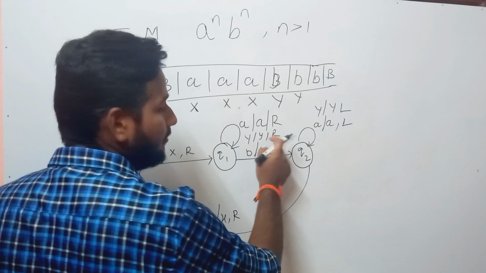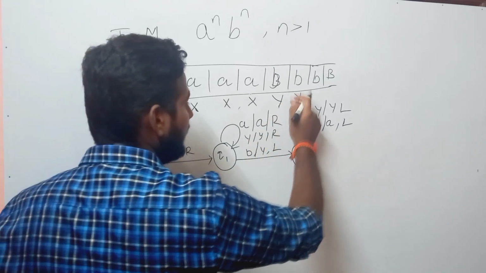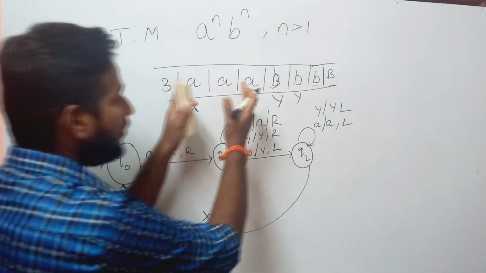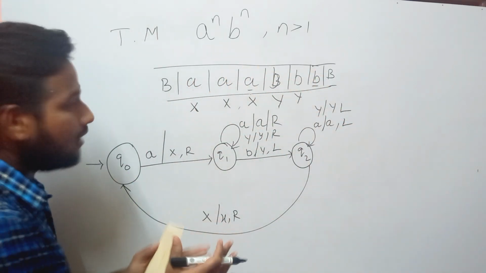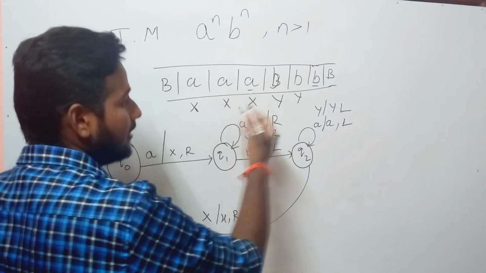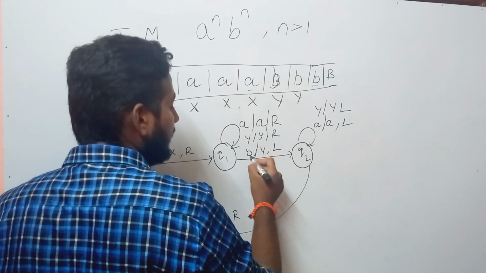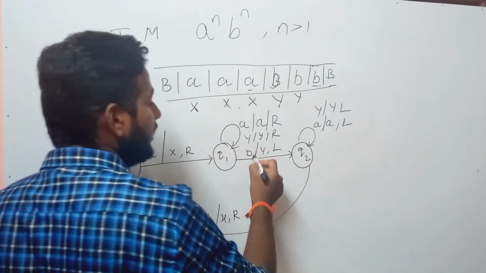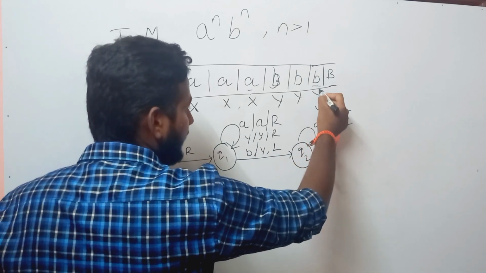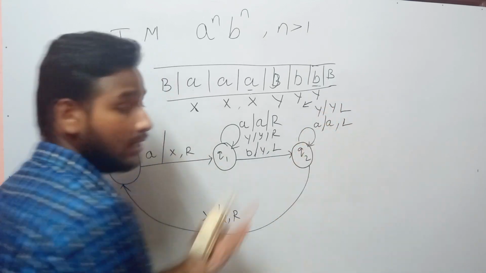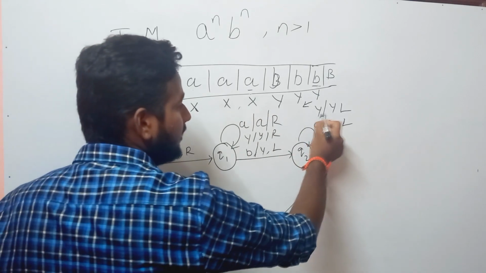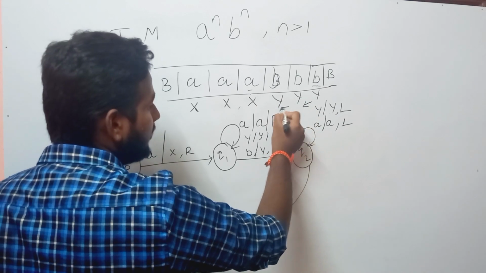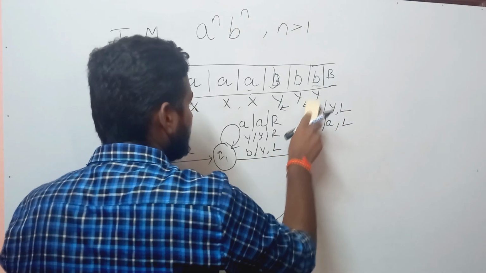Y remains the same and it ignores Y until it reaches the corresponding third B value, which means the number of A's made X should equal the number of B's made Y. If we ignore Y and reach the final third B value, then it makes this B as Y and the direction changes towards the left.